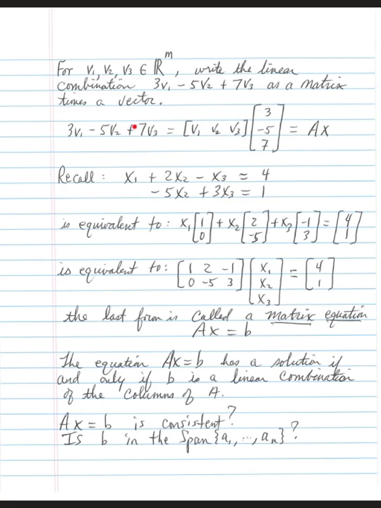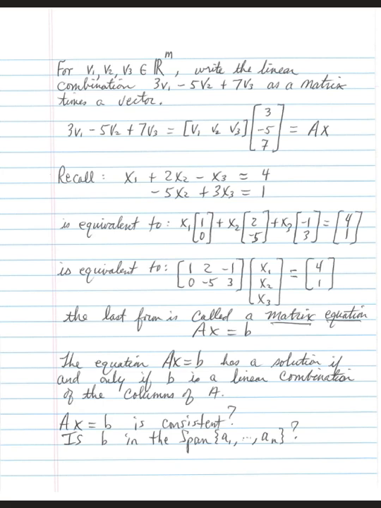If we write this down and separate it, first entry, first column: vector 1 is multiplied by 3, vector 2 is multiplied by -5, and vector 3 is multiplied by 7, and that sets it up as Ax. Basically, you're just going the opposite direction of the previous slide.